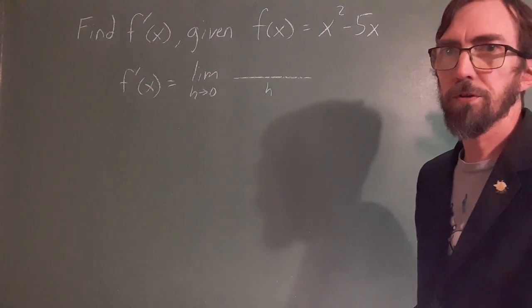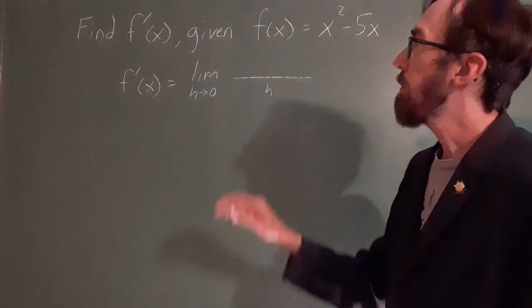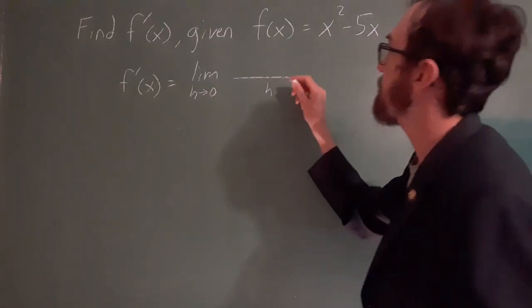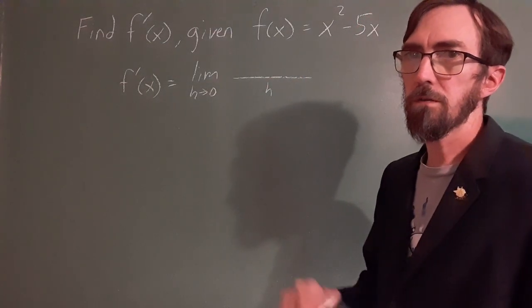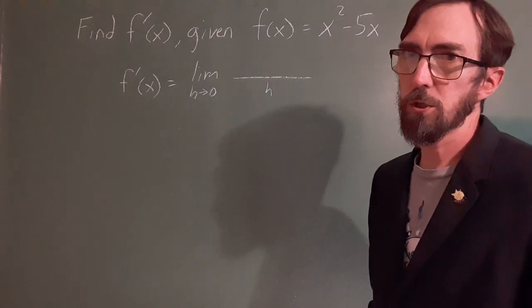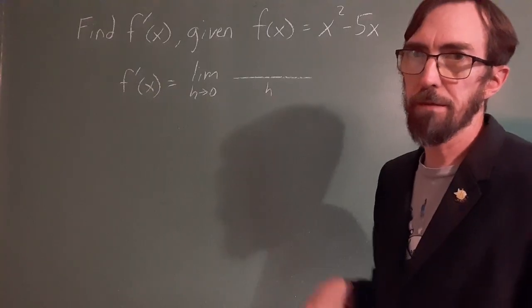To fill in my numerator here, I'm going to have to make a couple of side calculations. F of x is known, it goes here, but we also need to know f of x plus h. So we're going to do that as a separate calculation and then plug it into the numerator.